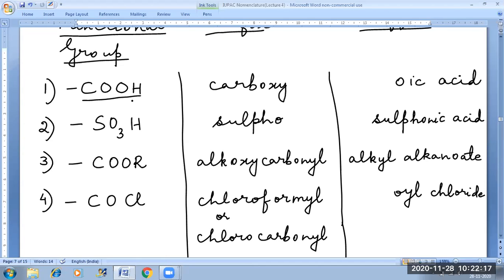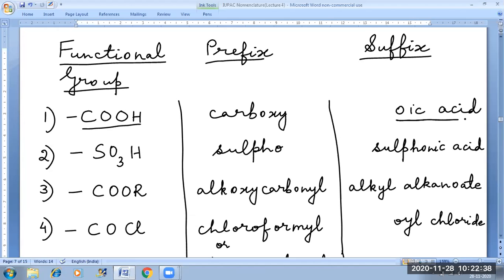So carboxylic acid, COOH. That means in this compound we have our principal functional group as COOH. If something is a principal functional group, then we have to use its suffix. Suffix is what? Here the suffix is oic acid.